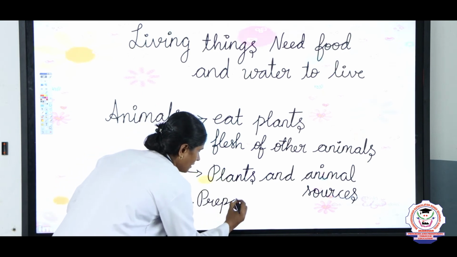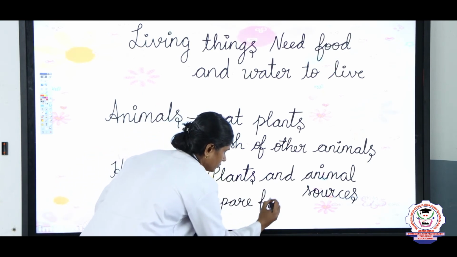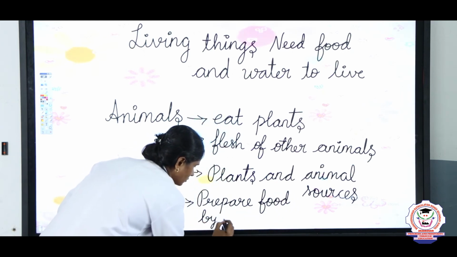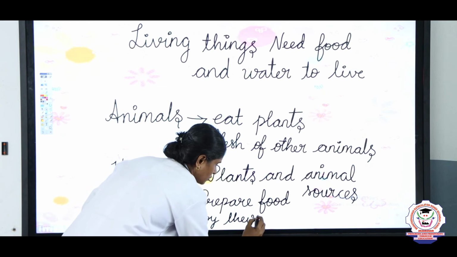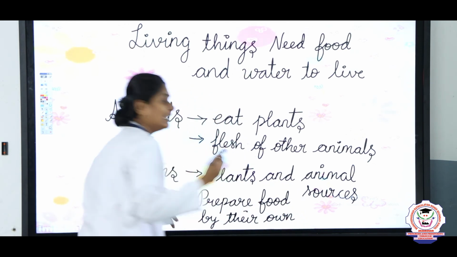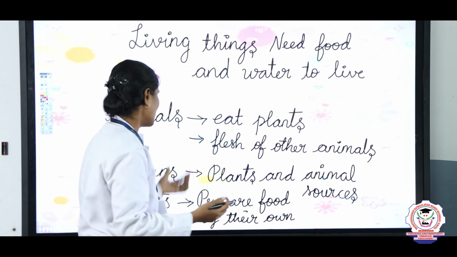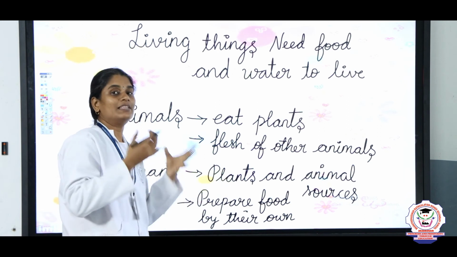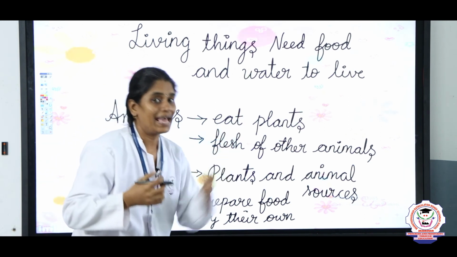So, they prepare their food by their own. You can see the leaves of the plant. They prepare the food with the help of sunlight, air and water.